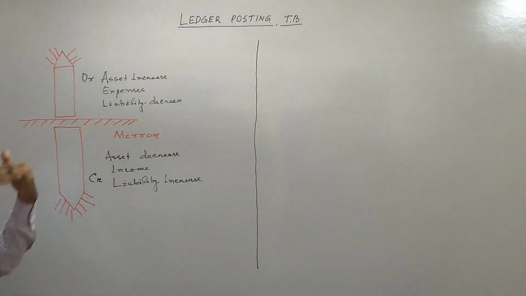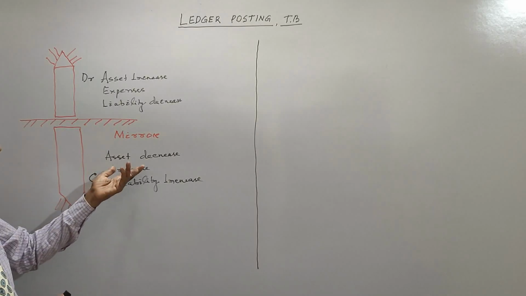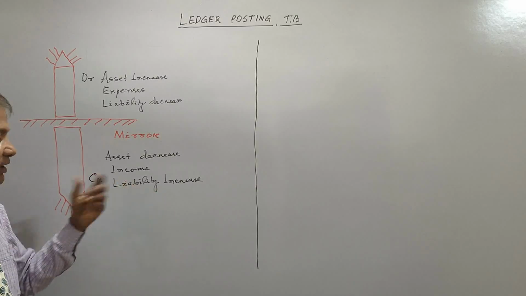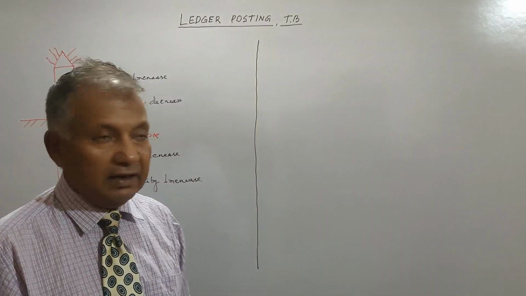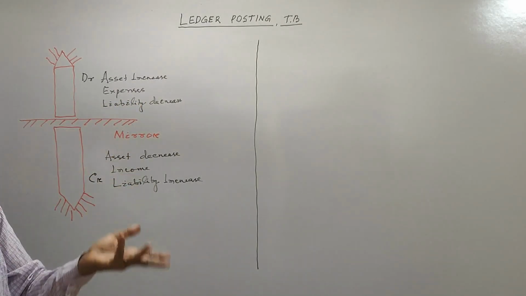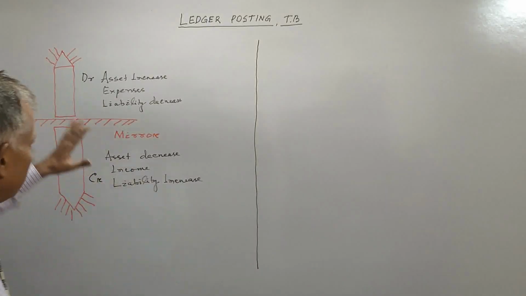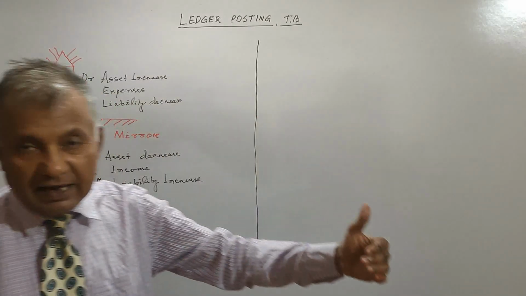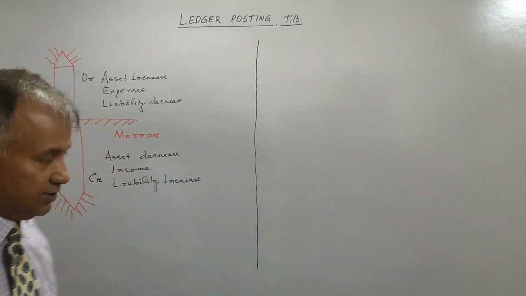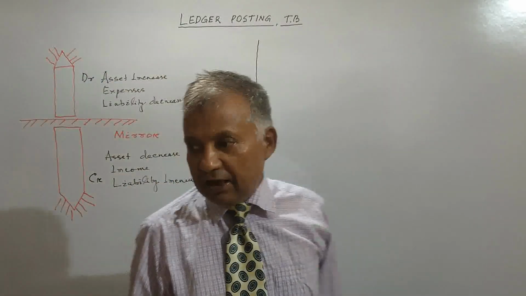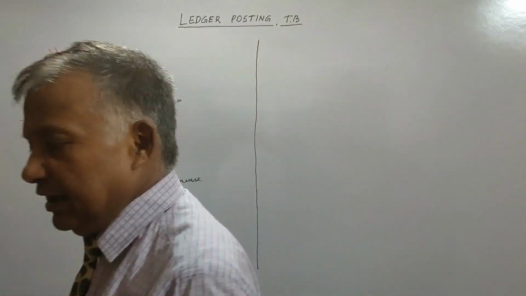If your payables are decreased, it is debit. Similarly, asset decrease credit, income credit, liability increase credit. Just the opposite, inverted image of the mirror. If you put a mirror before you, you will see the same image but with the side changed. Here also the same. So let us come to the journal entry and then we will go for the ledger.